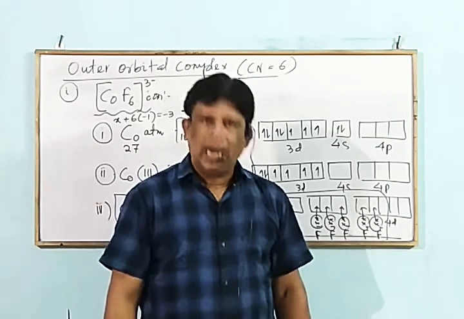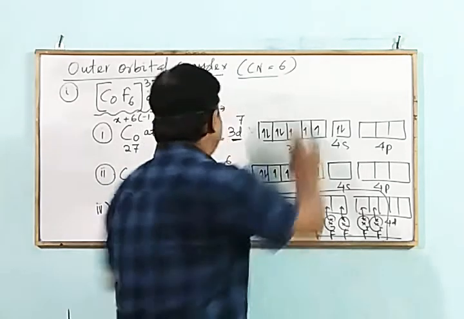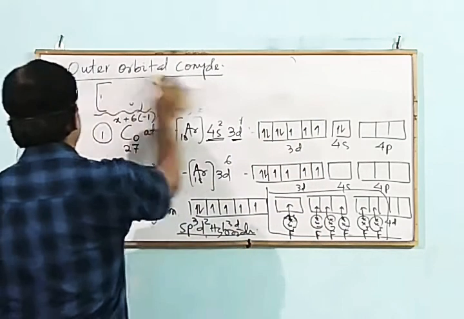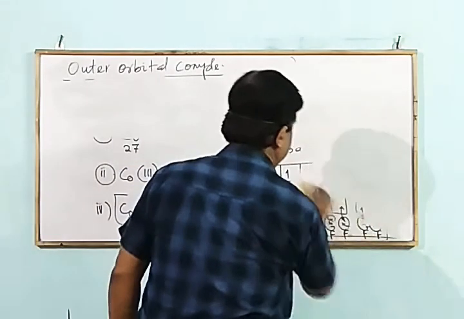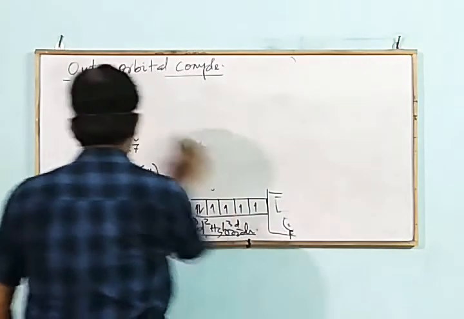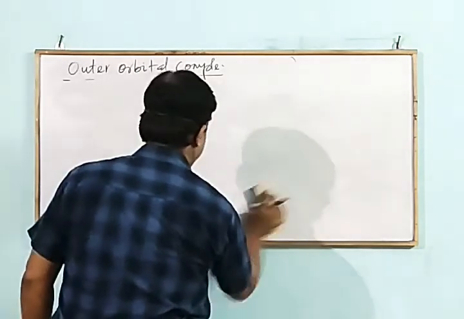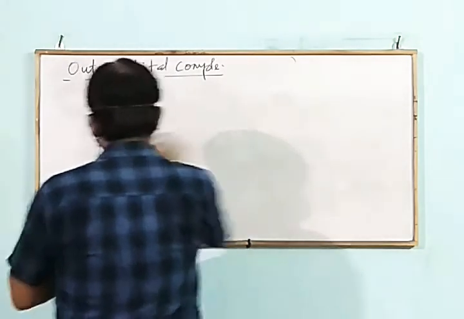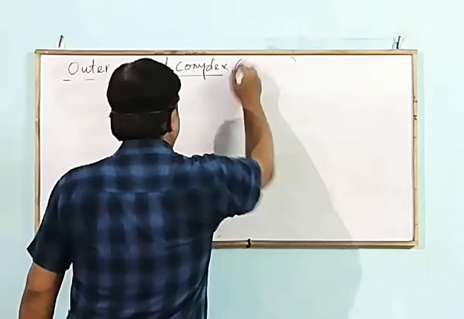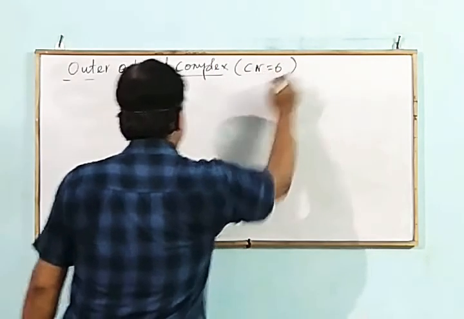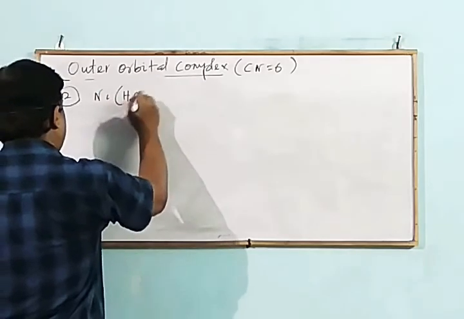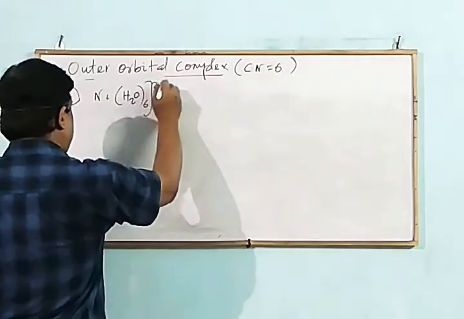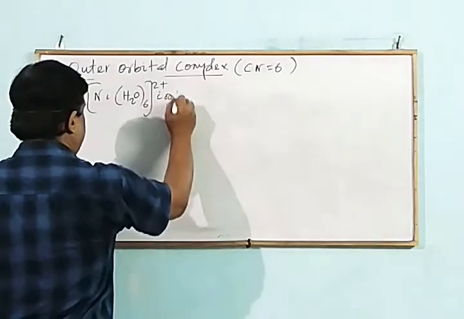Next, we go to another example. Second example, the Ni(H2O)6 2+ ion.